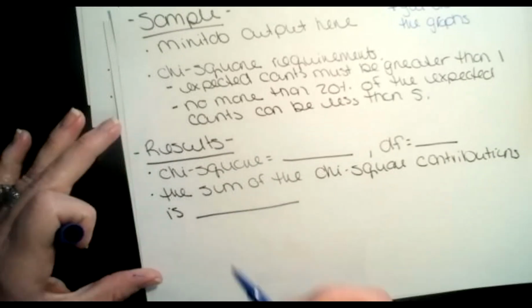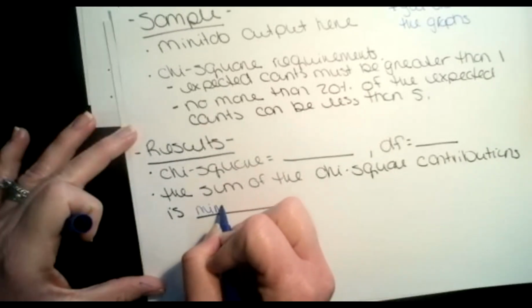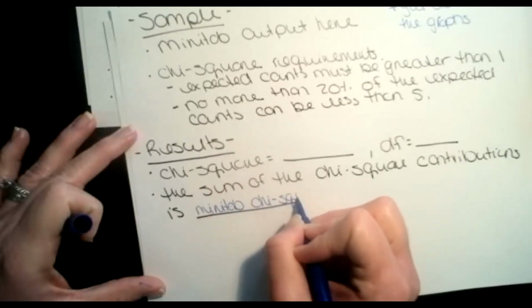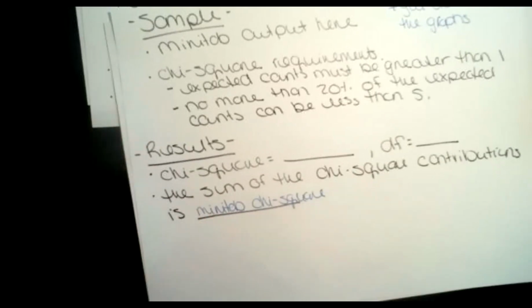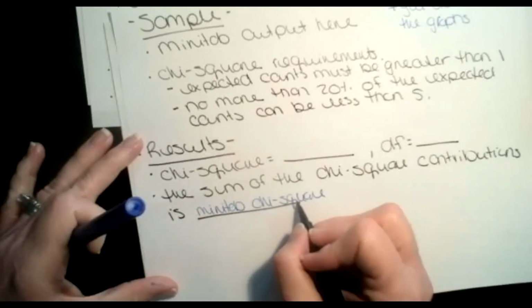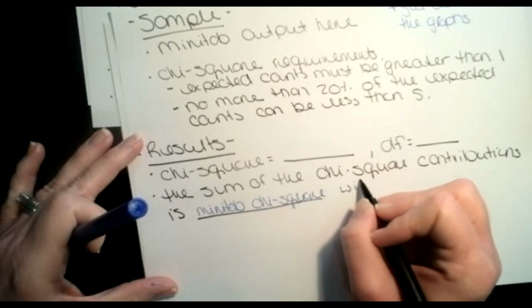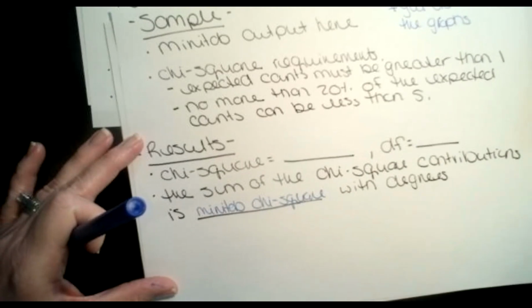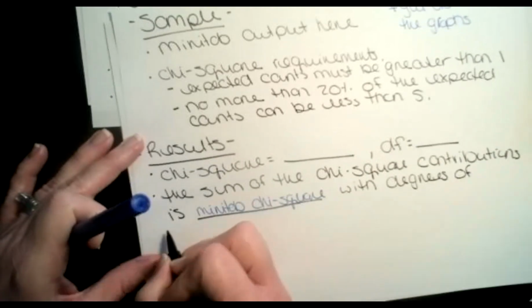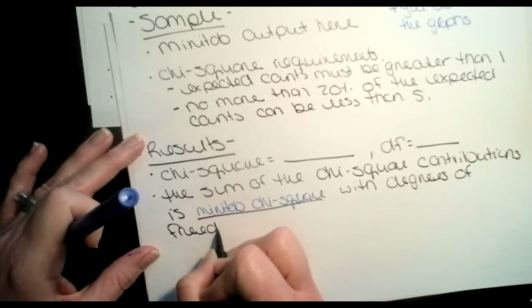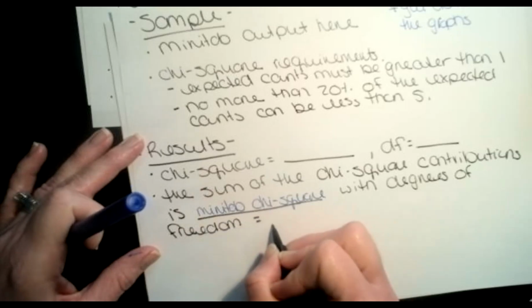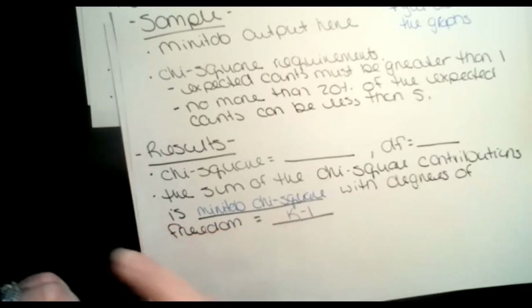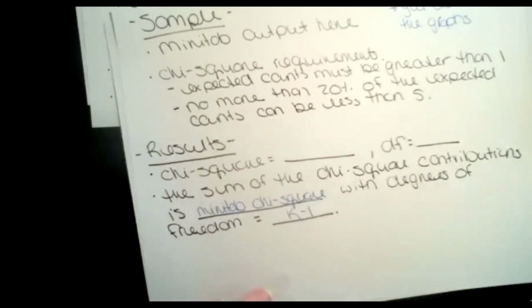This is going to be the Minitab chi-square value with degrees of freedom. You know me, I'm going to abbreviate, but I will write it right now. Equal to, and then it'll just be the K minus 1. So you're just explaining what those are, and that helps you understand.